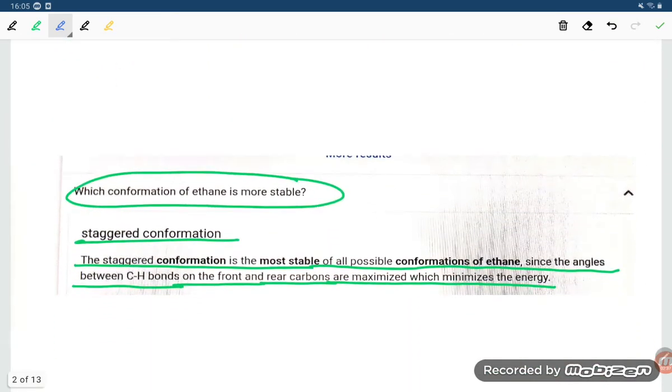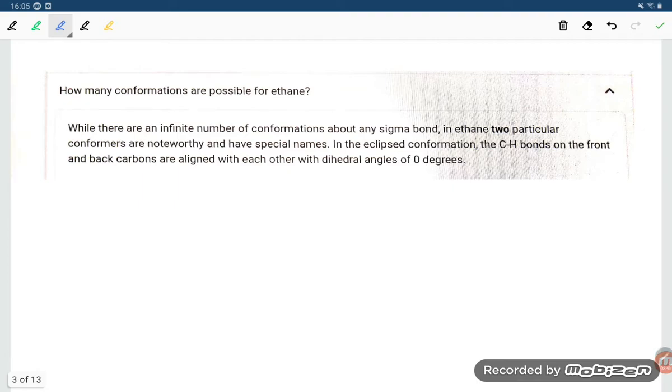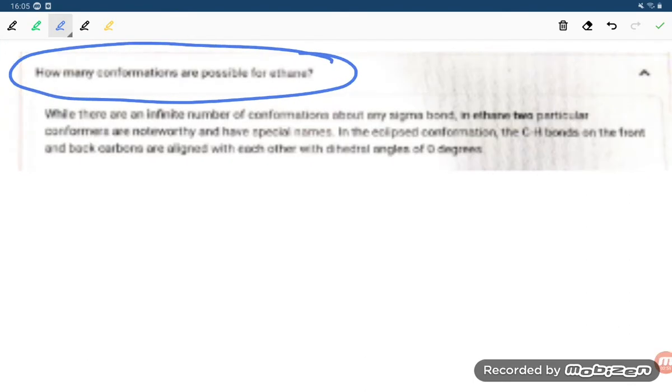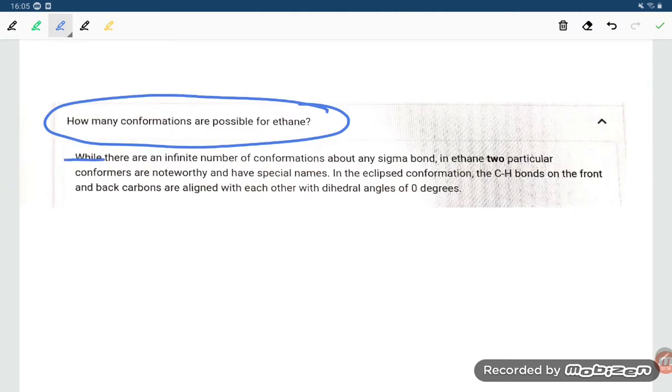Now let us have a look at the next problem. How many conformations are possible for ethane? While there are an infinite number of conformations about any sigma bond in ethane, two particular conformations are noteworthy and have special names.